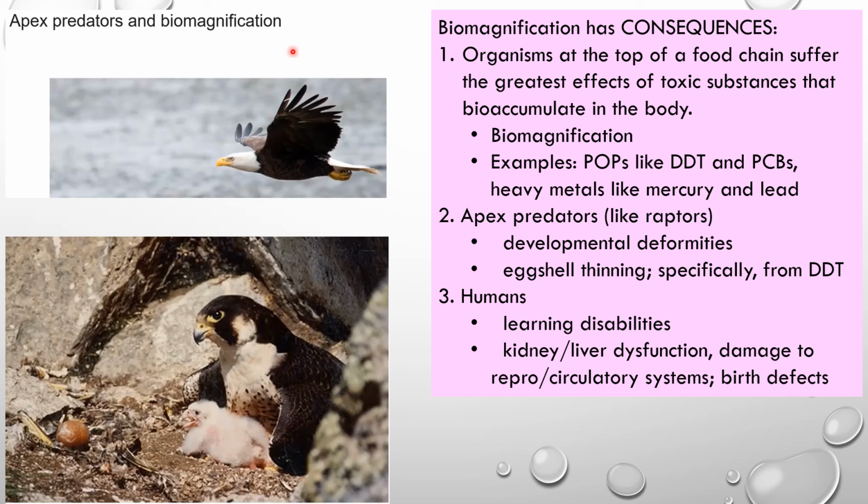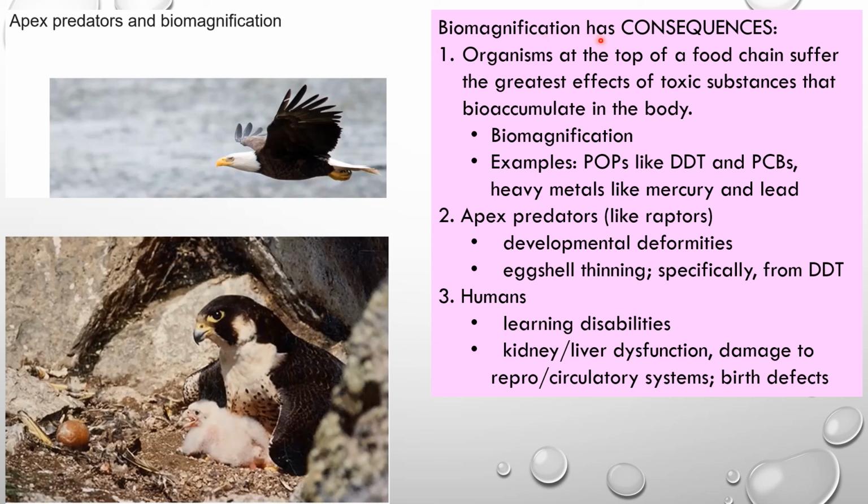So this is a top predator, and this is a really sad story about how the eagles were getting DDT into their diet, just eating fish that accumulated DDT and eating more fish that accumulated more and more DDT. And the eagles then accumulated it at higher concentrations, so that's biomagnification. And then it had a terrible impact on making their eggshells so thin that the eaglets couldn't even make it to birth most of the time. So then the eagle population decreased significantly. So that's an environmental effect.